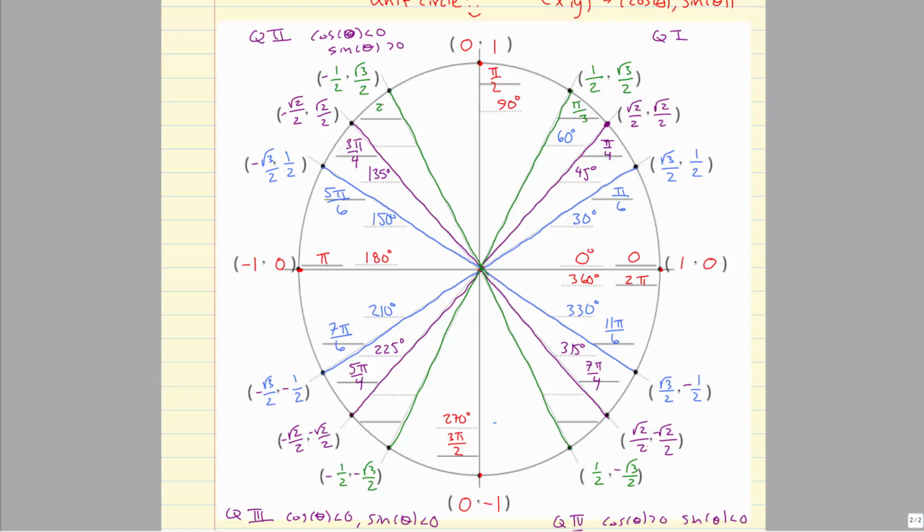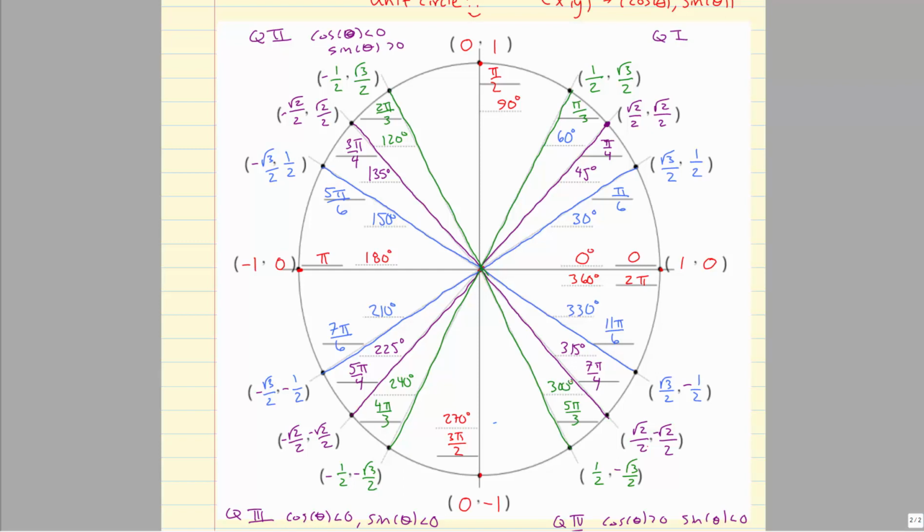This would be 2 pi over 3, or 120 degrees. This would be 3 pi over 3, which reduces to pi. This would be 4 pi over 3. So I have 180 plus 60, which would be 240. This would be 5 pi over 3. Okay, and if we're at 240 and I add 60, I'd be at 300 degrees.